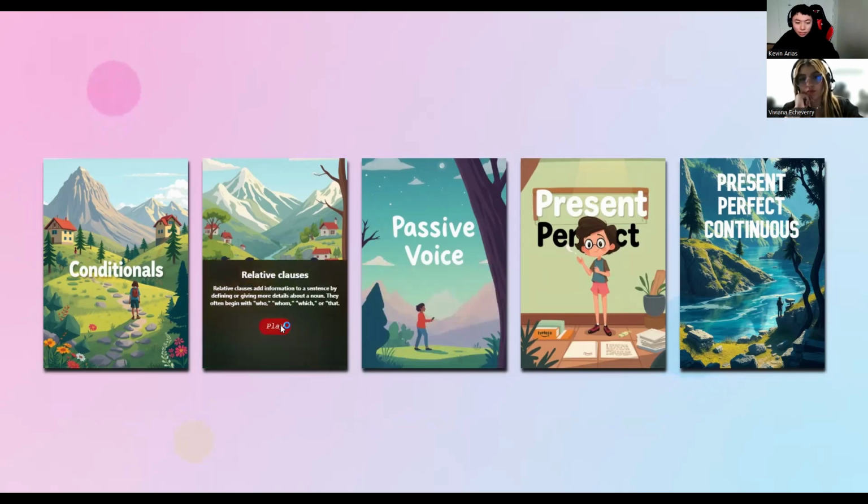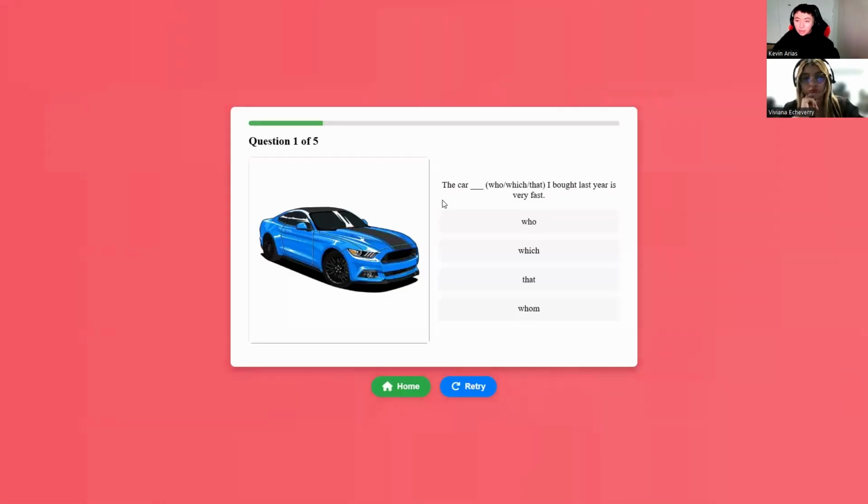In the first question, "The car (who, which, or that) I bought last year is very fast." In this question, "that" is used in a restrictive clause, where the information is essential to the sentence meaning. Here, the clause "that I bought last year" specifies which car, so "that" is the correct answer.